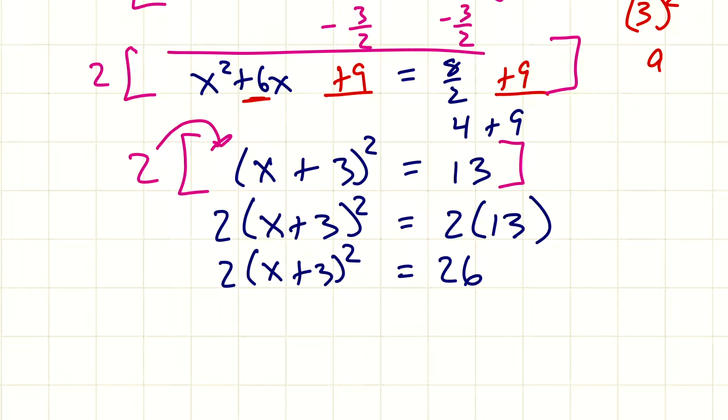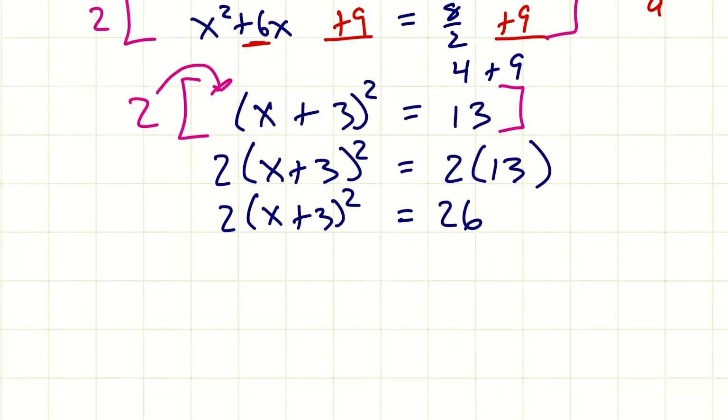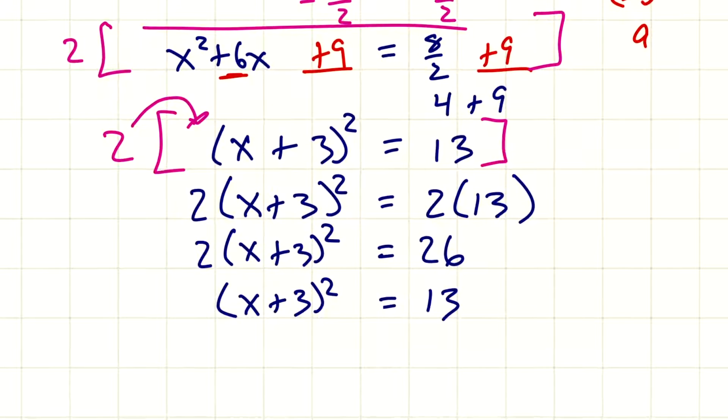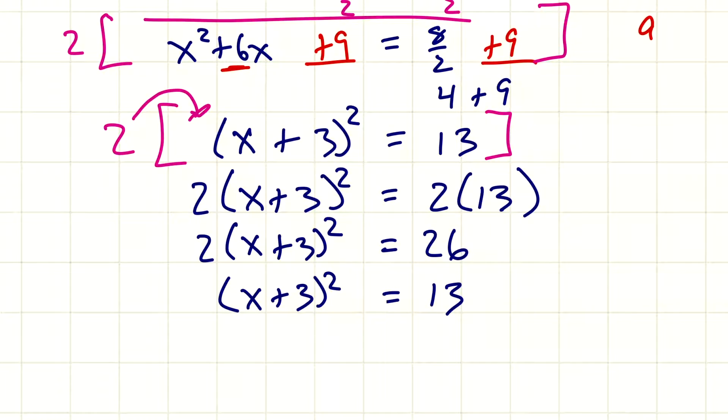And then we could solve this. So this actually takes us back to, if we divide both sides by 2, it gives us 13. Right. So what I wanted to show you is that 2 technically never went away. It's still somewhere hidden there. So if we put it back, you'll notice we still end up with the same equation.